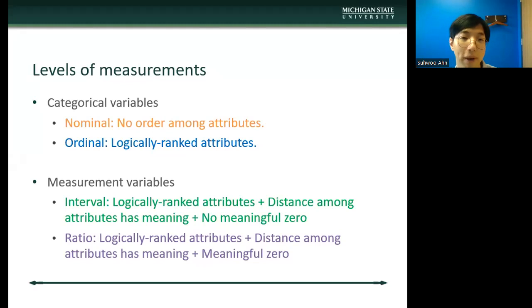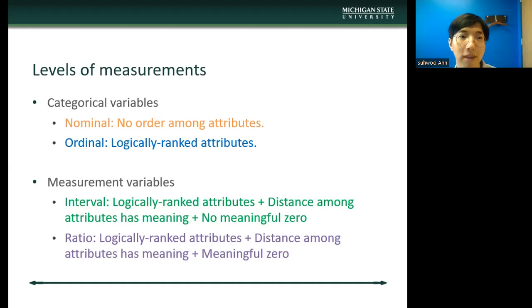The last one is ratio measure. The characteristic of the ratio measure is that attributes of the variables are logically rank ordered, and distance among attributes makes sense, so we can do some calculations between options. The big characteristic of the ratio measure is that it has a meaningful 0, which means that 0 means nothing.